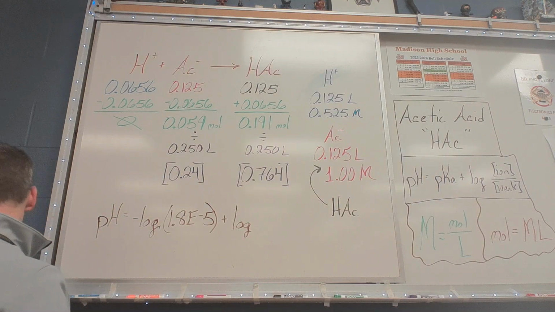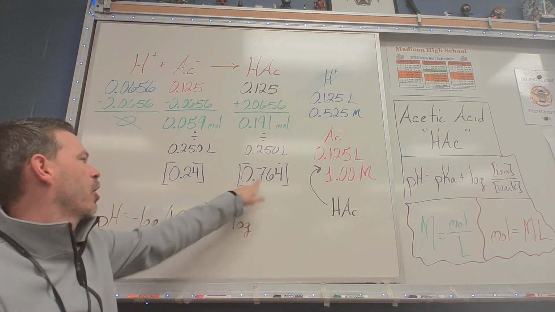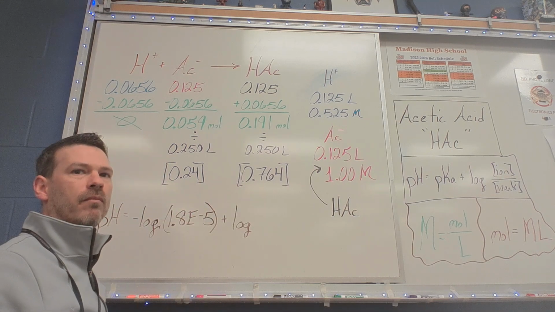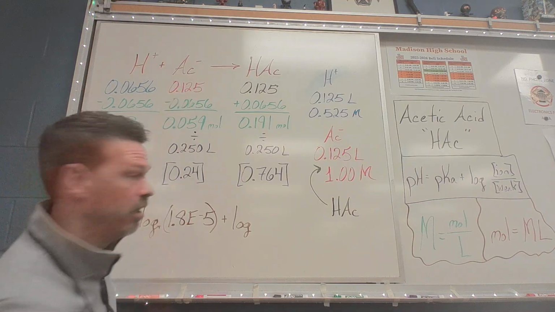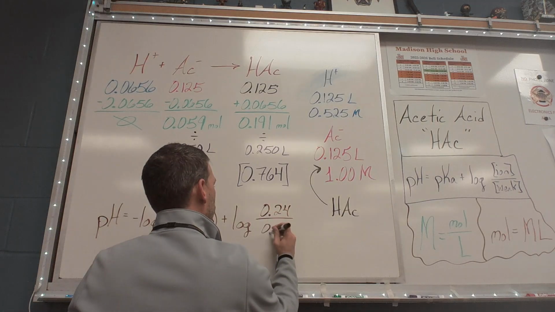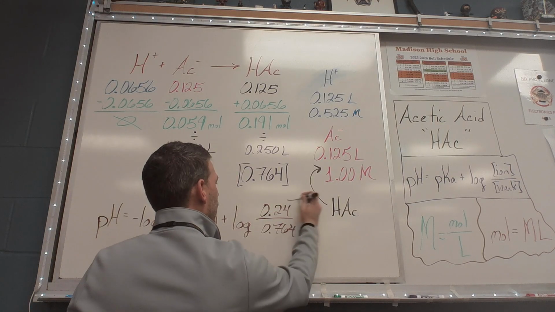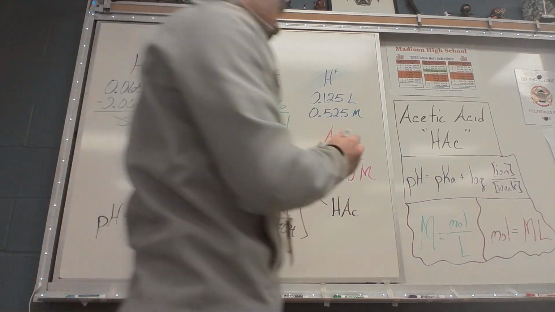Plus the log. Ion over weak. Hey, which purple number goes up top? 0.24. Just track it. That 0.24 is the ion. So 0.24 over 0.764. And boom, you're a click away from our first problem.